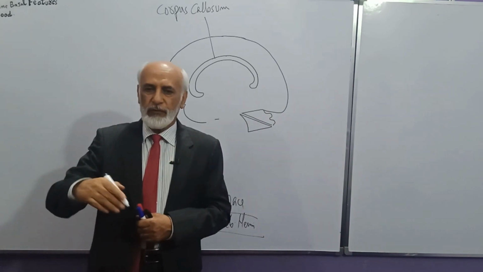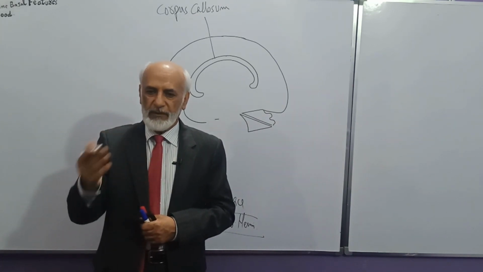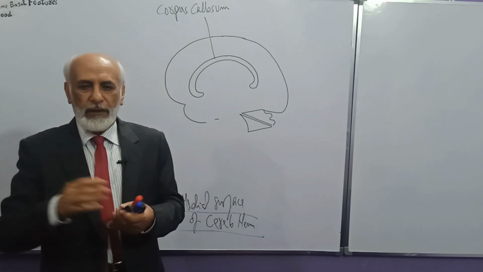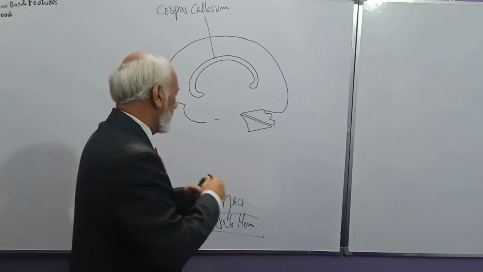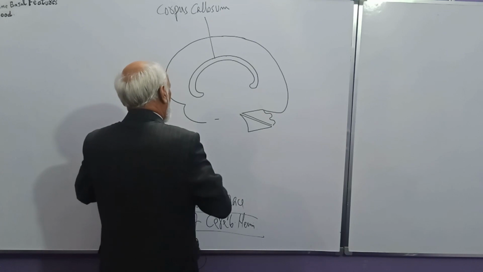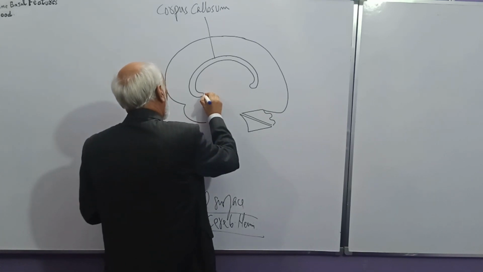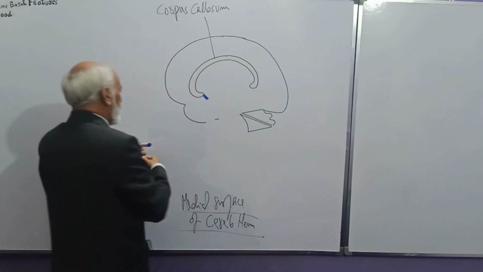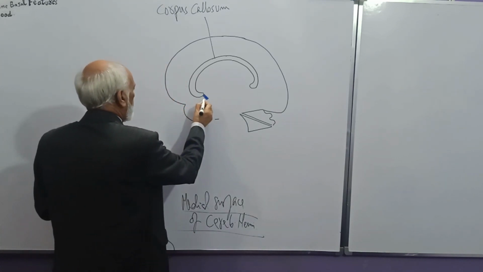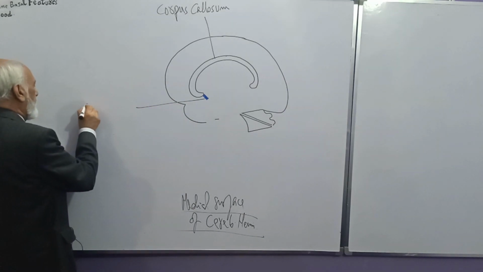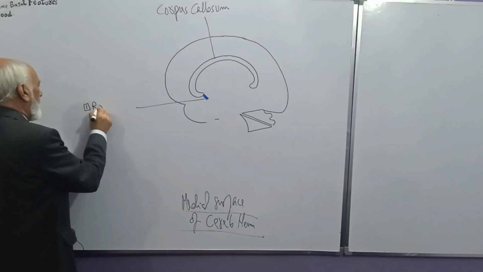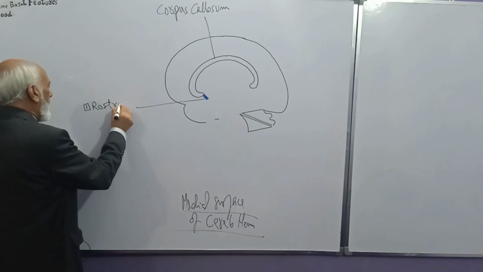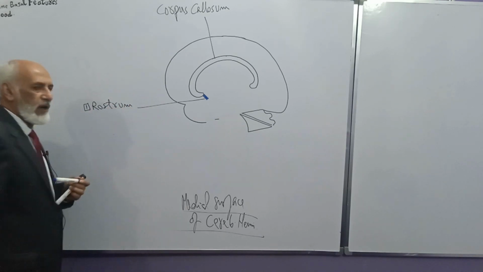It is curved from before backward and also from side to side. Now, it comprises various parts. First of all, there is a thin layer of tissue which is known as the rostrum of the corpus callosum.